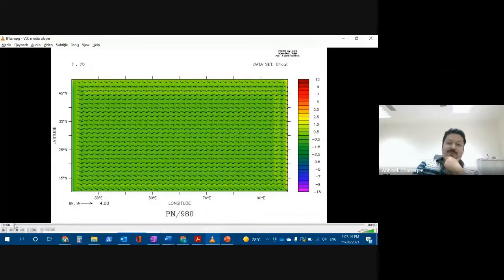So before looking at the movie, I'll tell you what this is. We have an ocean which is from 20 east to 100 east. Ideal ocean, it's a box, and it is from 10 north to 50 north.